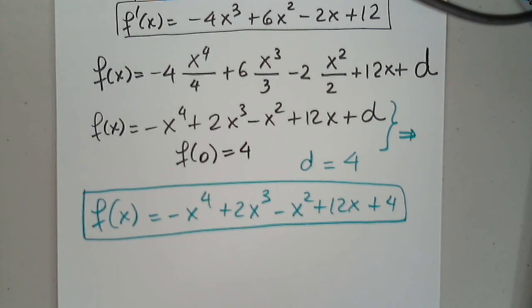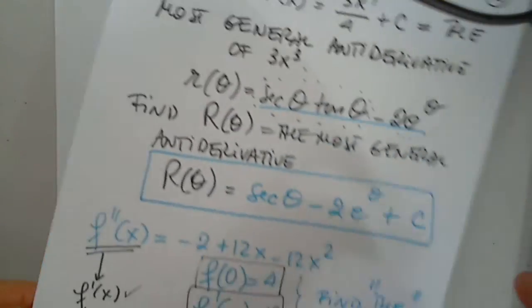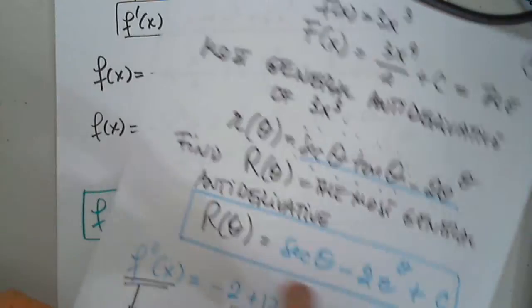Any questions? And the f over here is lowercase, right? The notation is lowercase because we were given f double prime. When is the F capital?